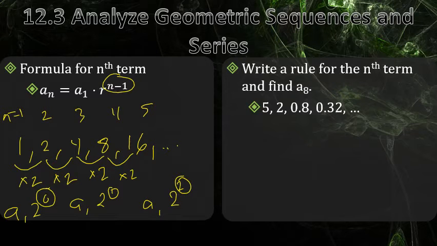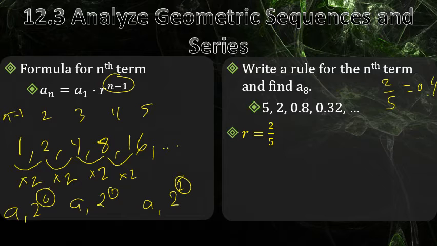So let's write a rule for the nth term and find a8 out of 5, 2, 0.8, 0.32. First of all, you have to find the r. So if I take my 2 and divide it by my 5 and reduce that, it appears to be 2/5. Or I'm multiplying by 0.4, however you want to think about it.